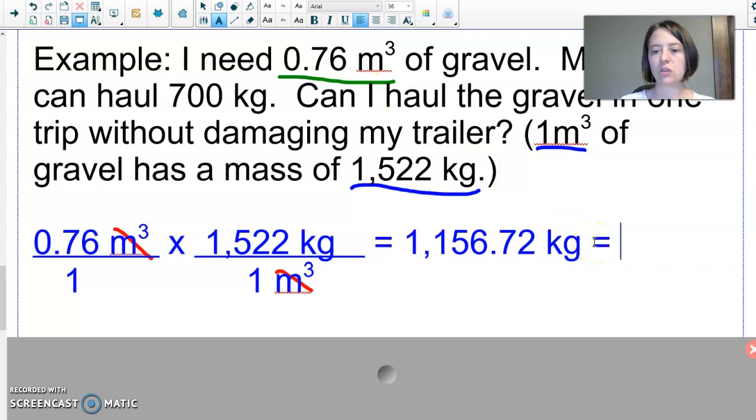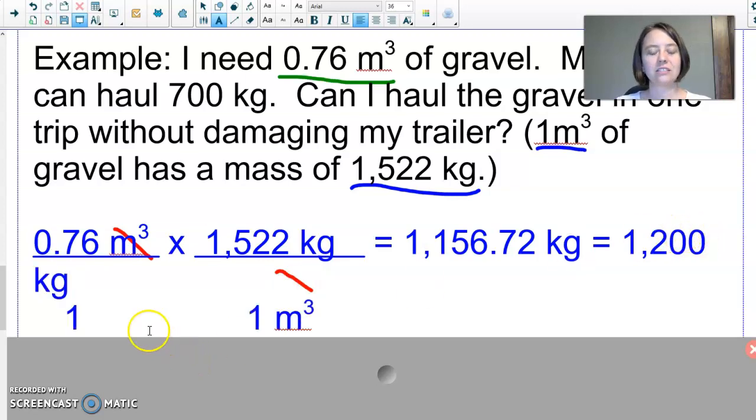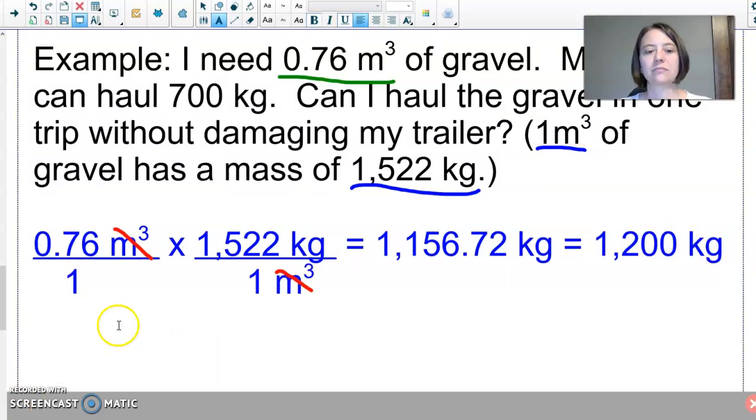So that's going to be equal to 1.2, because this 1 should round up to a 2 because the 5's after it. 1,200 kilograms. And that made things crazy. Let me fix it.